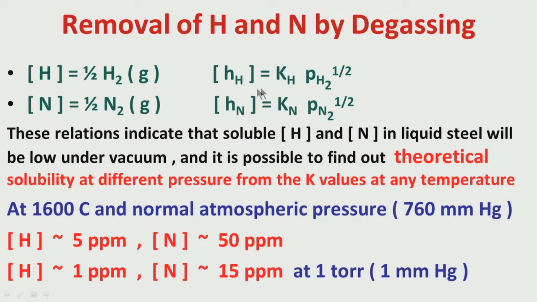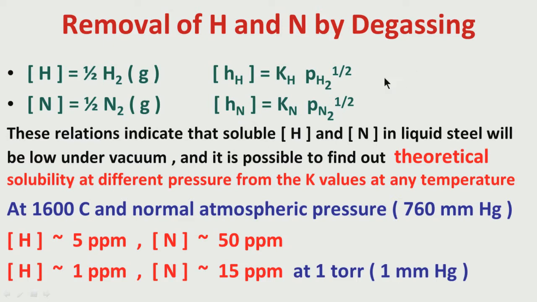So, this weight percent of hydrogen and nitrogen at equilibrium at any particular temperature can be found out if we know the partial pressure of hydrogen or nitrogen. Now, you try to understand what these relations indicate. These relations indicate that soluble hydrogen and nitrogen in liquid steel will be low under vacuum.